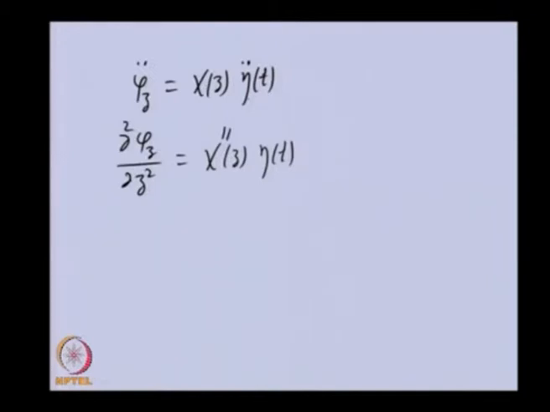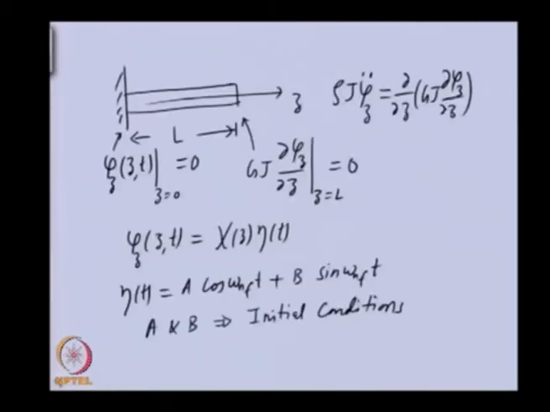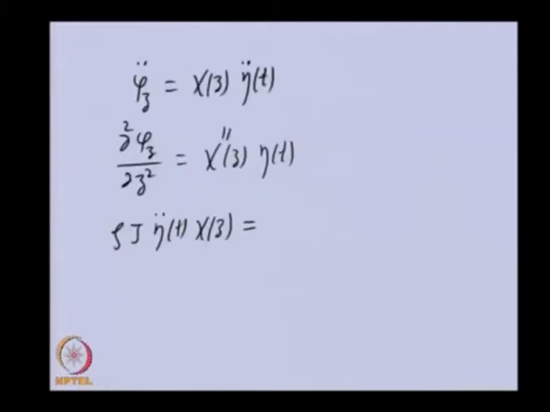On the left side we will get rho J eta double dot times chi of Z. On the right side, because we have considered the shaft uniform, GJ will be constant, so it comes out, and we will have GJ and the double derivative of that function, so we get chi double prime with respect to Z times eta of t.